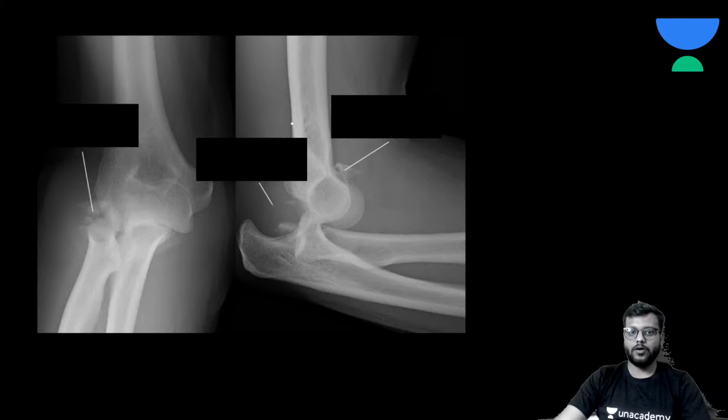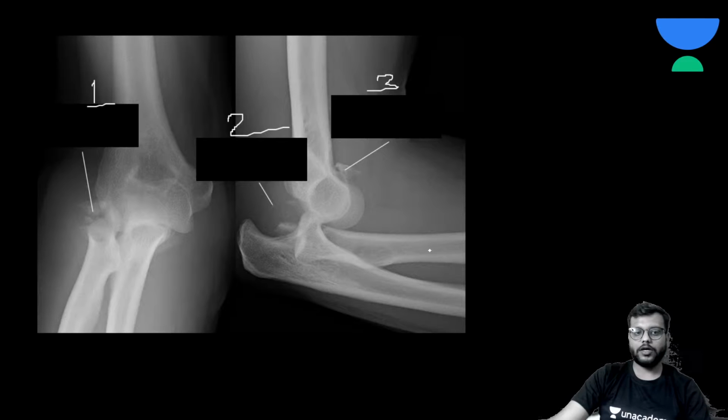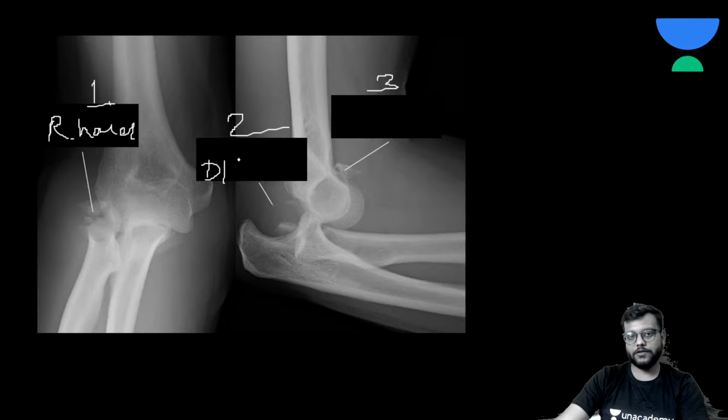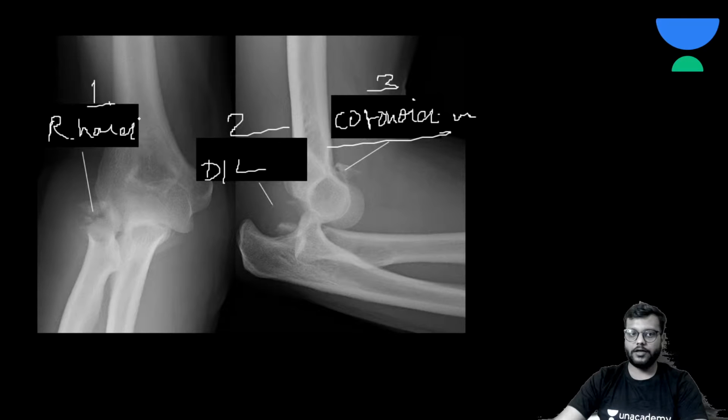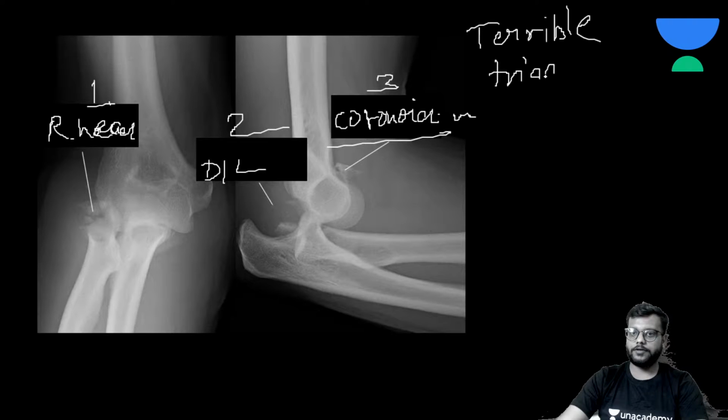See, 1, 2, and 3. What are these fractures? What are these in the head? This shows elbow dislocation, and this is fracture of coronoid process of ulna, and all these three form the terrible triad of elbow.